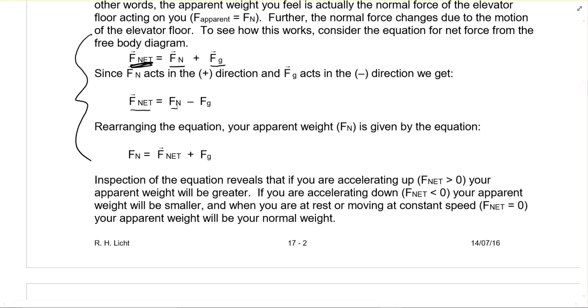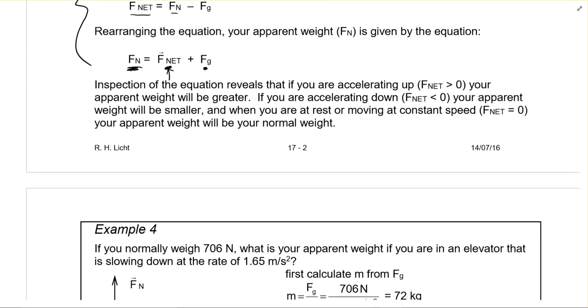If you rearrange that, your normal force, so your apparent weight in the elevator, is going to be the net force, however much you're accelerating, or the force that's responsible for that, plus Fg. So you feel that much heavier when you accelerate upward. So if F net is greater than 0, you're going to feel heavier. If you're accelerating downward, then your F net is going to be less than 0, and your apparent weight will be smaller. You're going to feel lighter than you normally would.